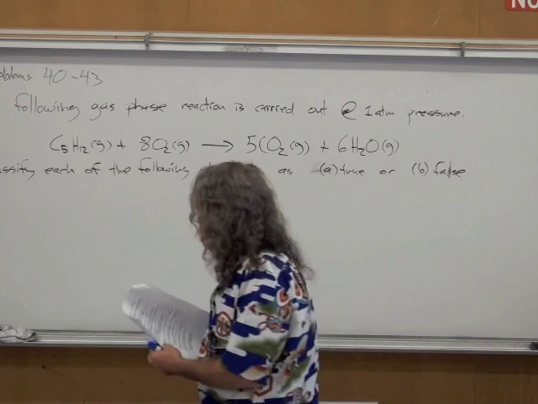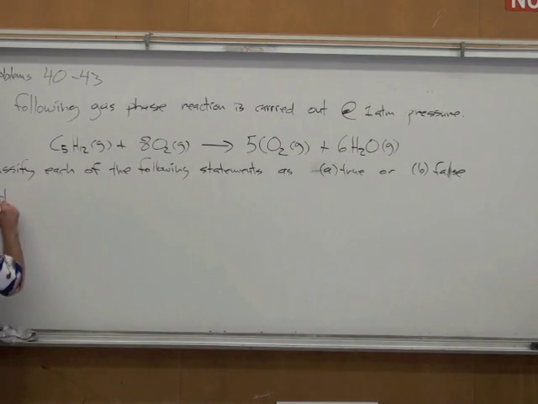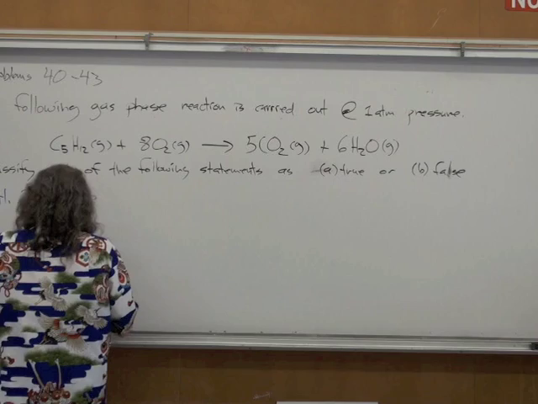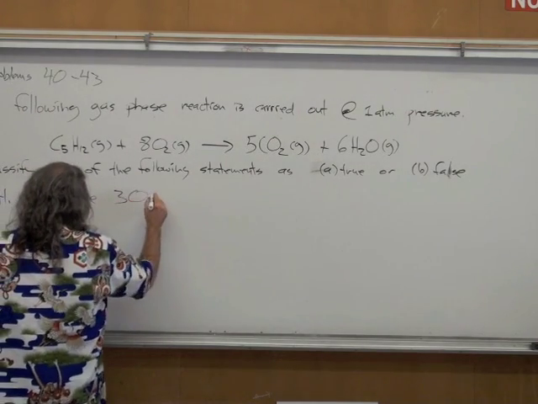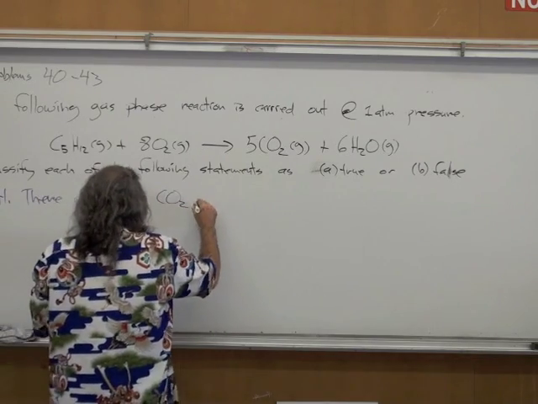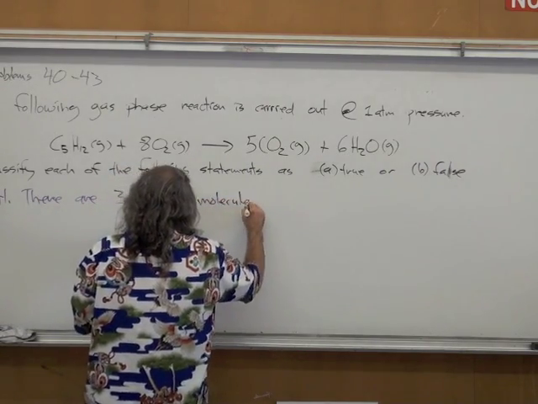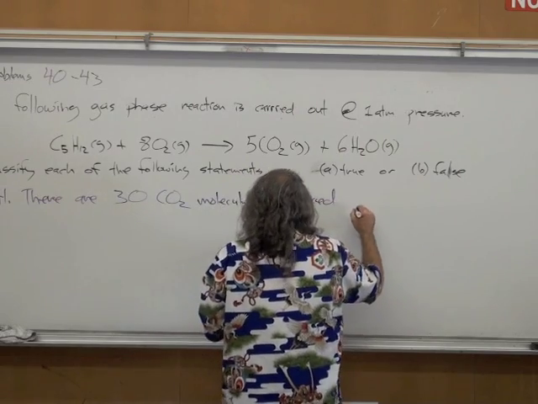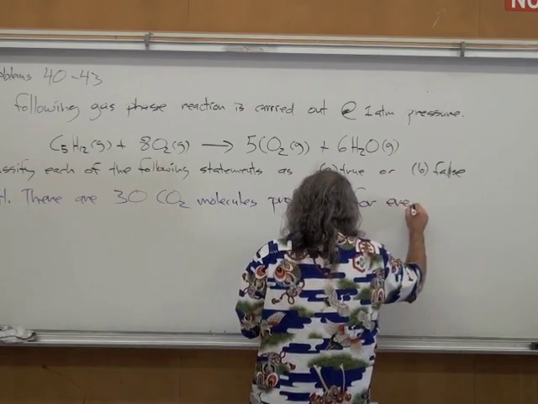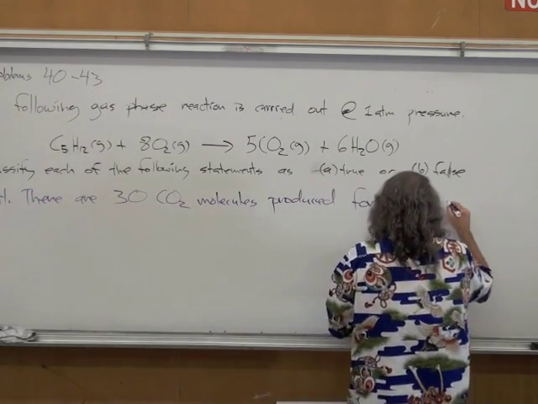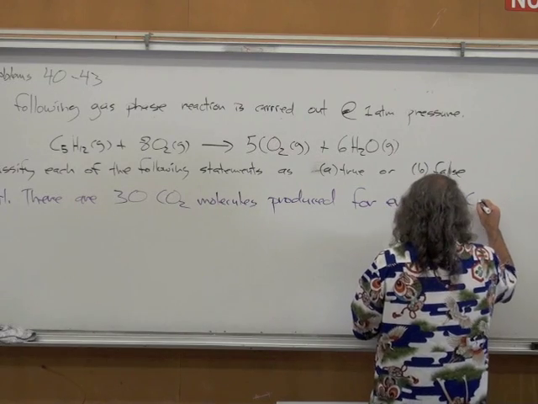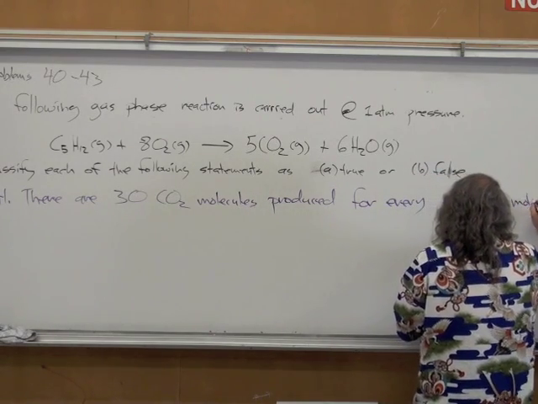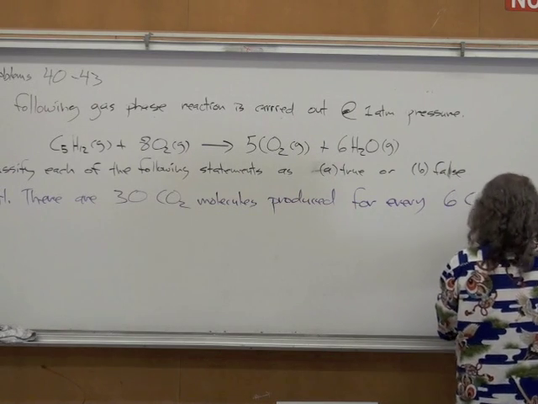There are 30 CO2 molecules produced for every 6 pentane molecules consumed.